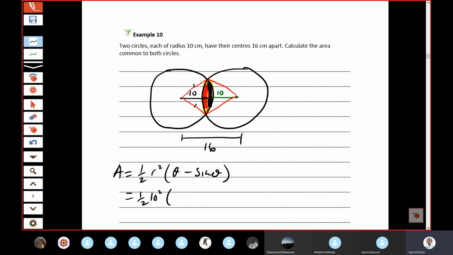But what do we have? We've got from here to here is 16. How does that help? How does that help? It doesn't, does it?